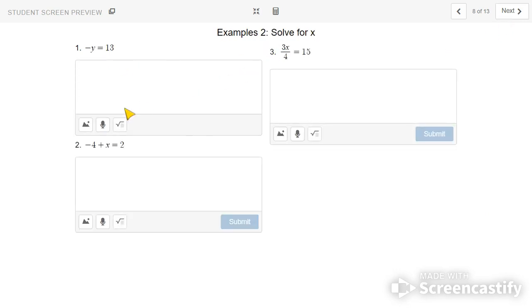Let's do a couple of these examples. Negative y is equal to 13. This answer is not complete because I don't want to know what the negative version of the variable is. I need to know what the positive version of the variable is. That would mean that I need to divide both sides by -1.